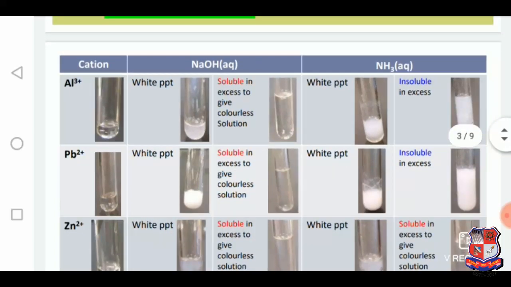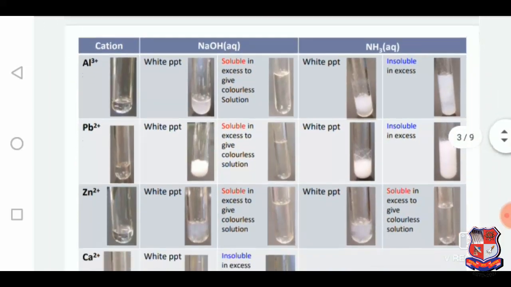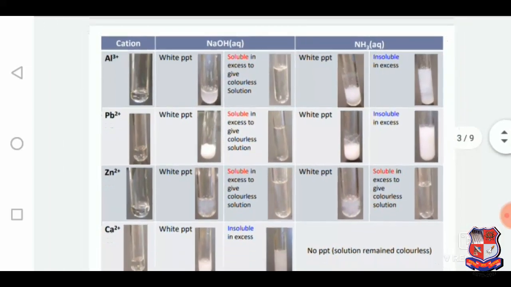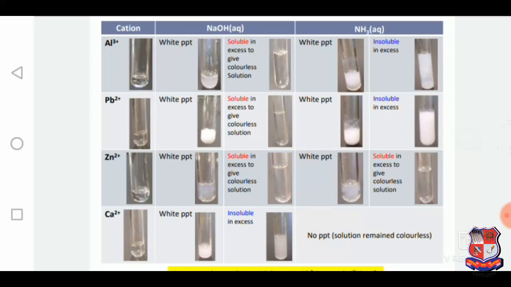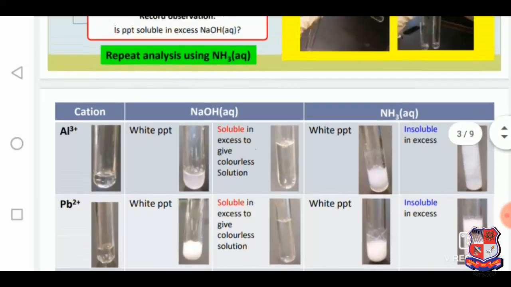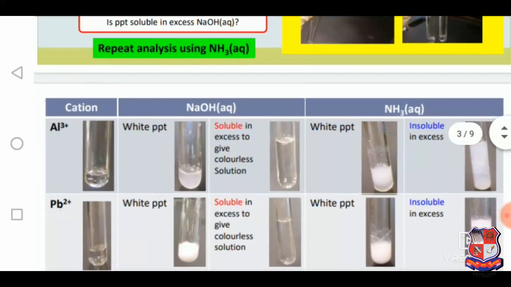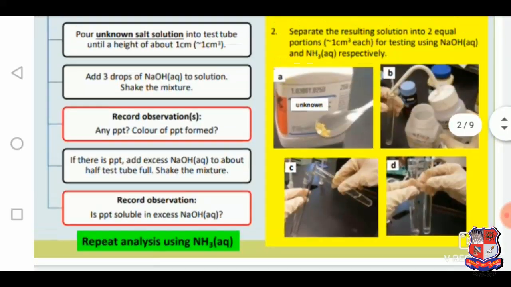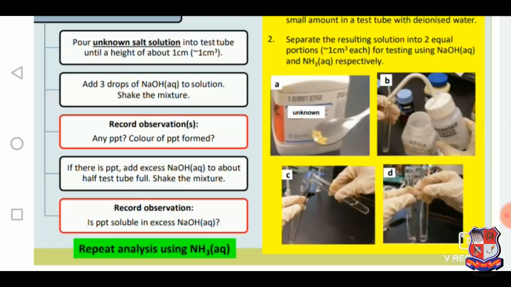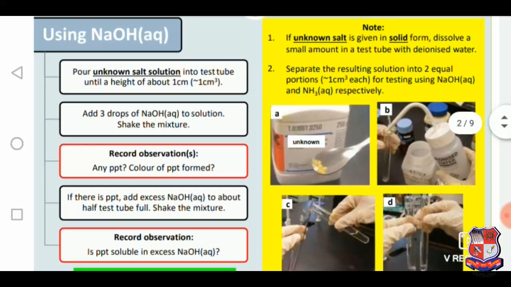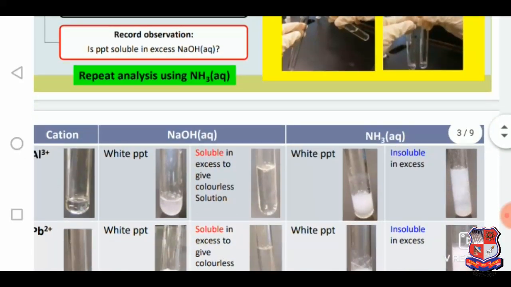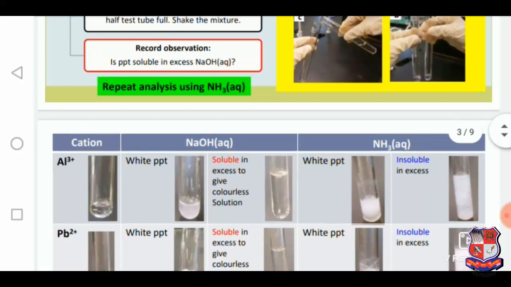So here are some crucial observations that have to be taken during the practical or any kind of analysis. Here, if the aluminum ion is there, then a white precipitate will be observed, and the quantity of solution taken, a height of about 1 centimeter, is very crucial for adequate observation, as I have already mentioned.